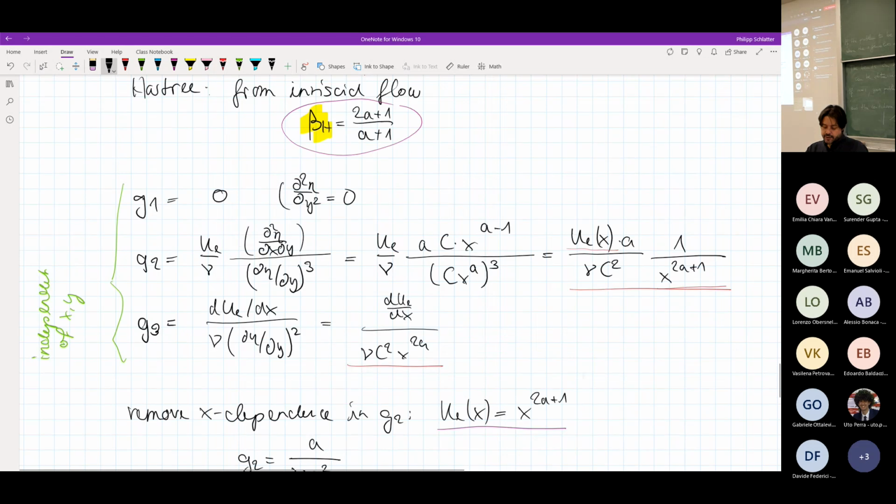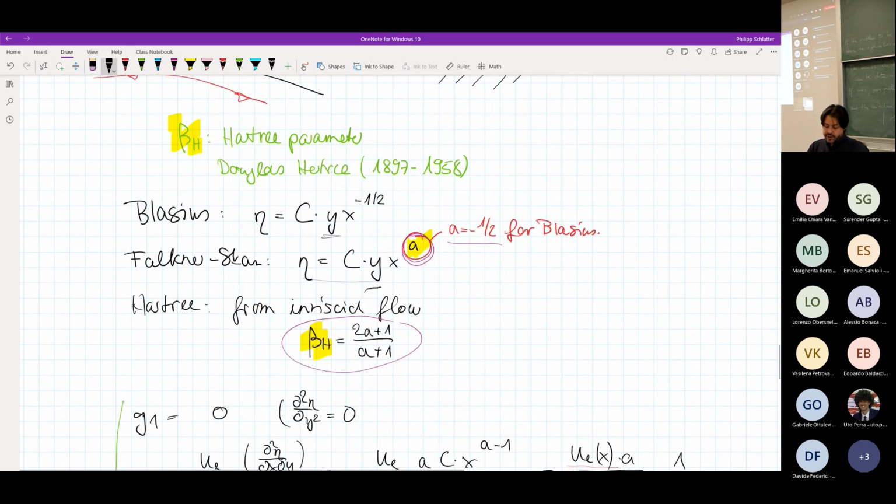Well, we can go into this equation here, where we define our similarity variable, because that's the variable that tells us in what way I would scale my similarity solution when I go downstream as a function of x. So this a here, the exponent, tells me how I would stretch the coordinate when I'm going downstream in x. So this exponent a is a measure of how the boundary layer would grow as a function of x.